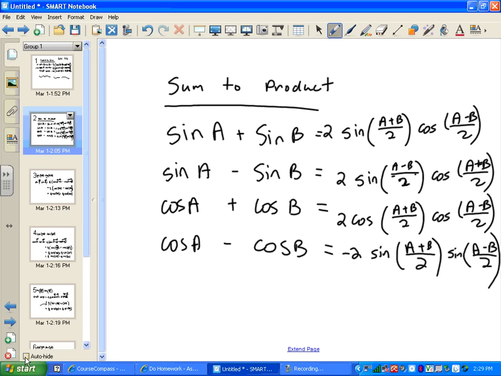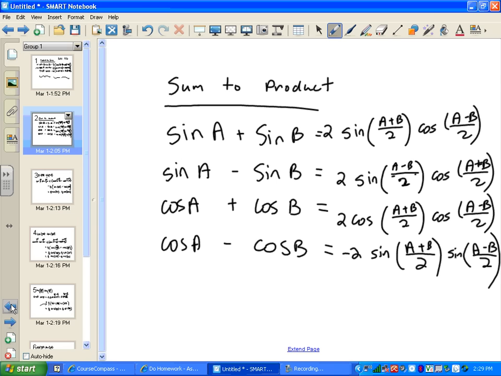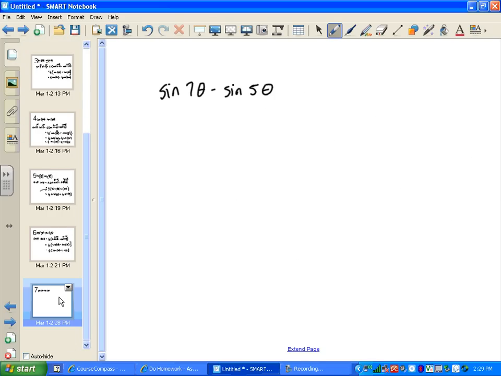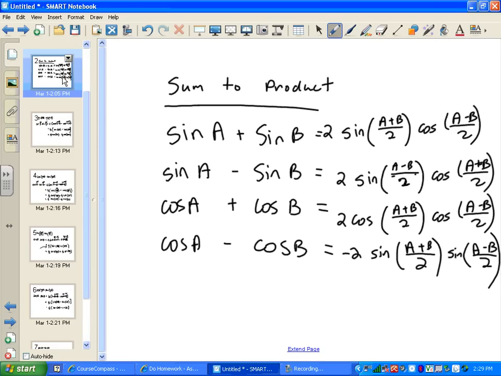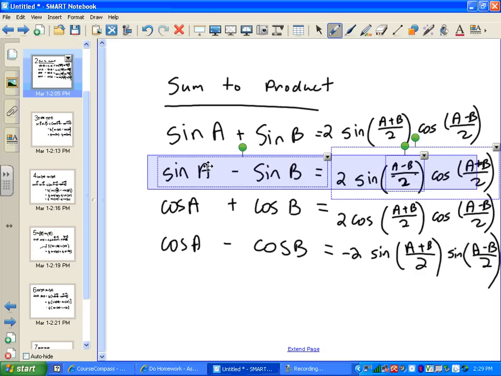That was product to sum. Now we're doing sum to product. There it is. What we had was a sine minus a sine. So let's go with the one that has sine minus sine, which would be this second one. We'll copy this second one over and just fill in the formula.